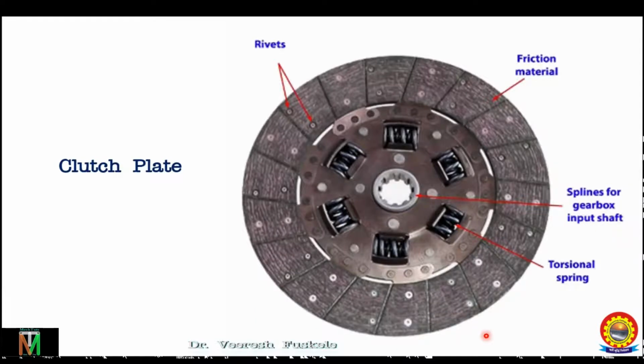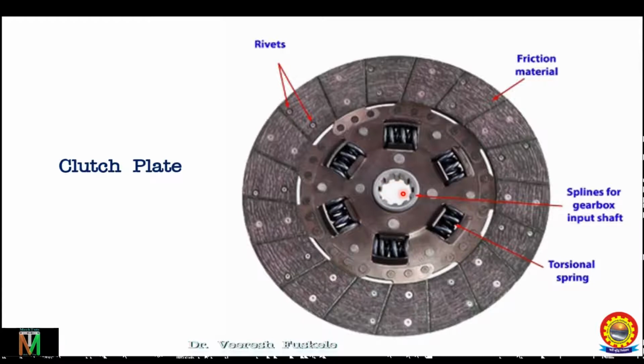As we look at the clutch plate, we immediately observe that there is a friction material on it. These here are called splines, for mounting the clutch plate on the gearbox input shaft. The splines are like projections on the inner surface, as you can see here, so that the clutch plate can slide on the corresponding splines of the input shaft to the gearbox, so that any rotation of the clutch plate is transmitted to the gearbox input shaft.